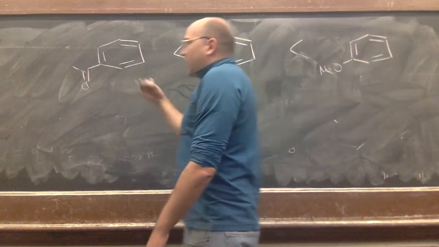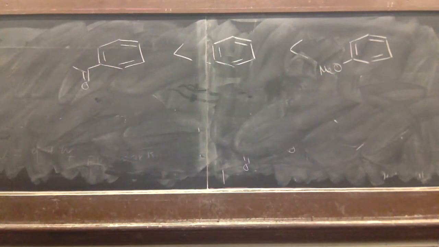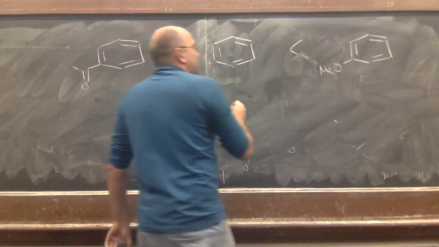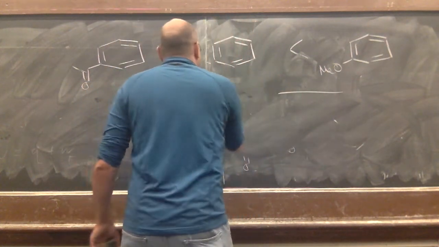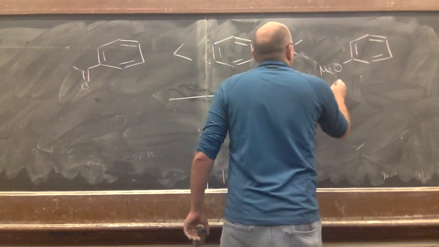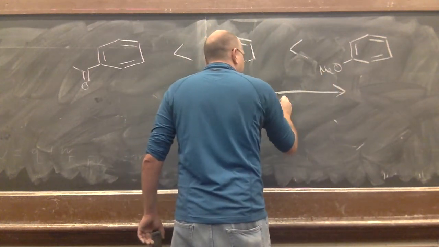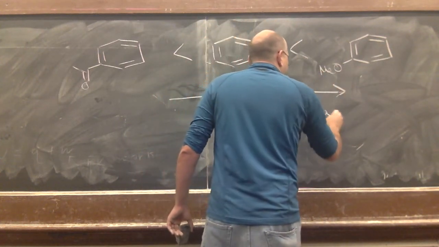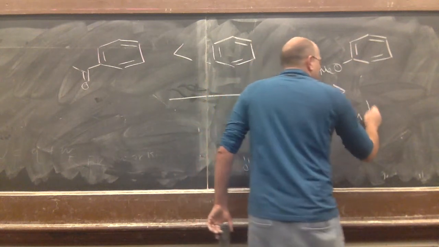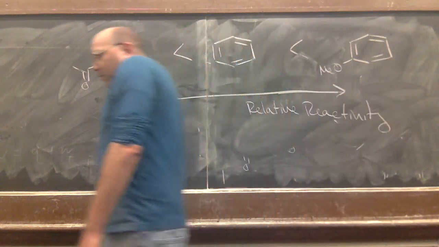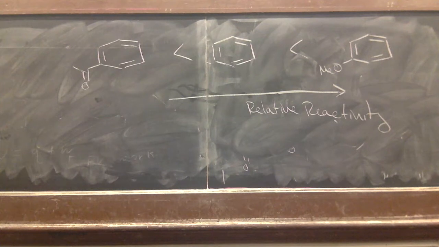If you have an electron withdrawing group, it's going to be, this is relative reactivity. Okay? So if you have a donor group, it's going to be more nucleophilic. If you have an electron withdrawing group, it's going to be less nucleophilic.